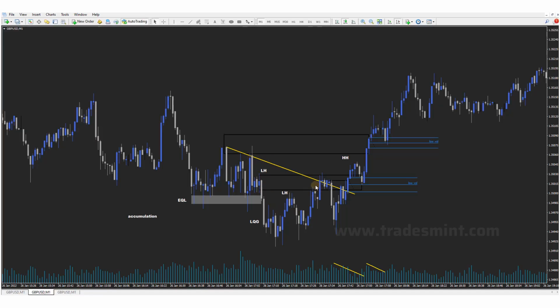So if price is not breaking the lower high and the supply, the last one which caused this move, I redraw the trend line to mark the higher highs in here, just above this, to see really which candle broke this structure.